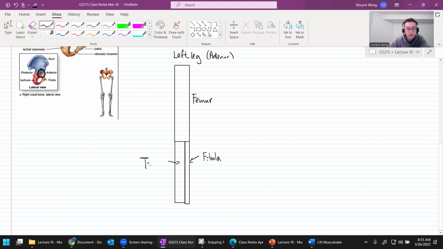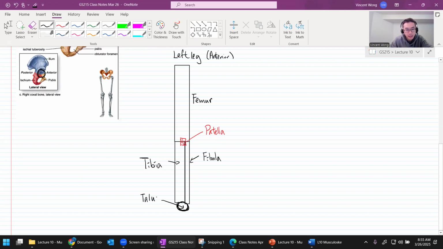Tibia is the big one. And don't forget, there is a little thing right here. That's the patella. Big bone right here for everything to sit on.